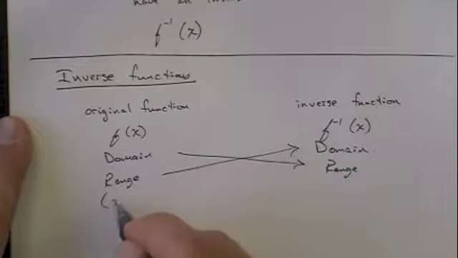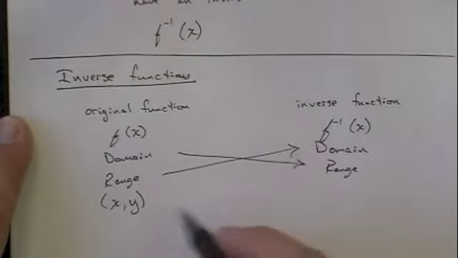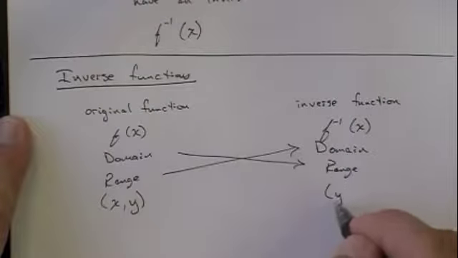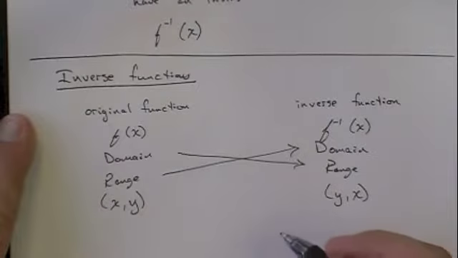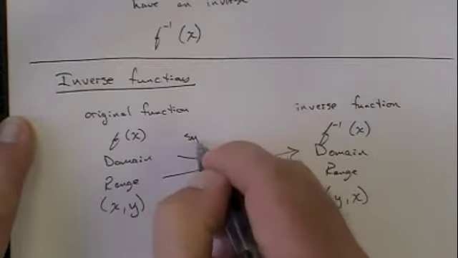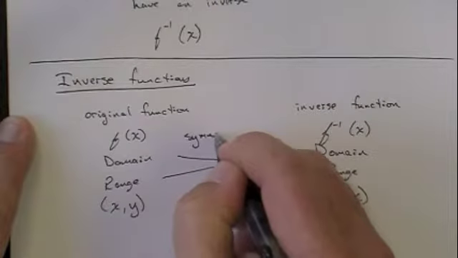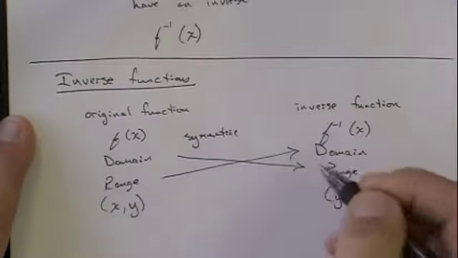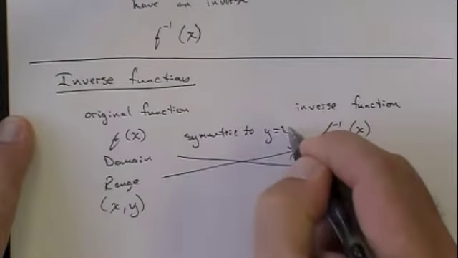So any points that we write as (x, y) will be (y, x) for the inverse. This also gives us symmetry between the graphs of these two functions, and they're symmetric to the line y equals x.